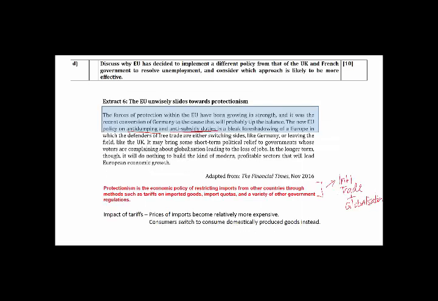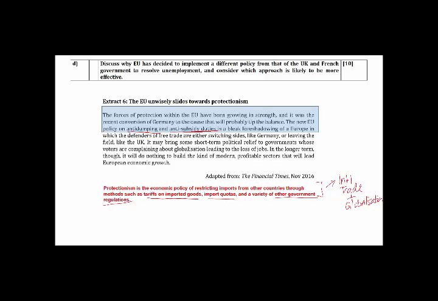So what exactly is it? It involves you putting tariffs on imports, import quotas or other government regulation. And this is usually done to try to protect your domestic producers.